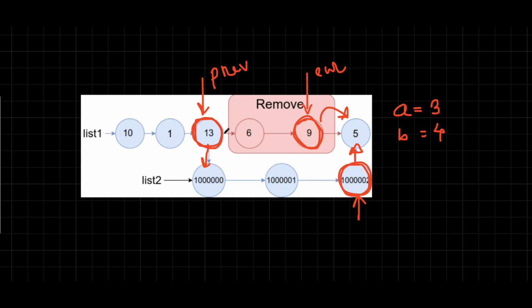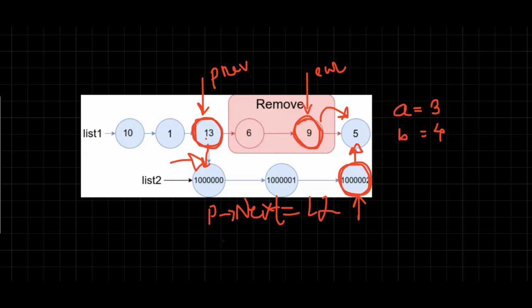So after determining these 3 positions, we have to simply set the next of previous to list 2. That means this connection is established.